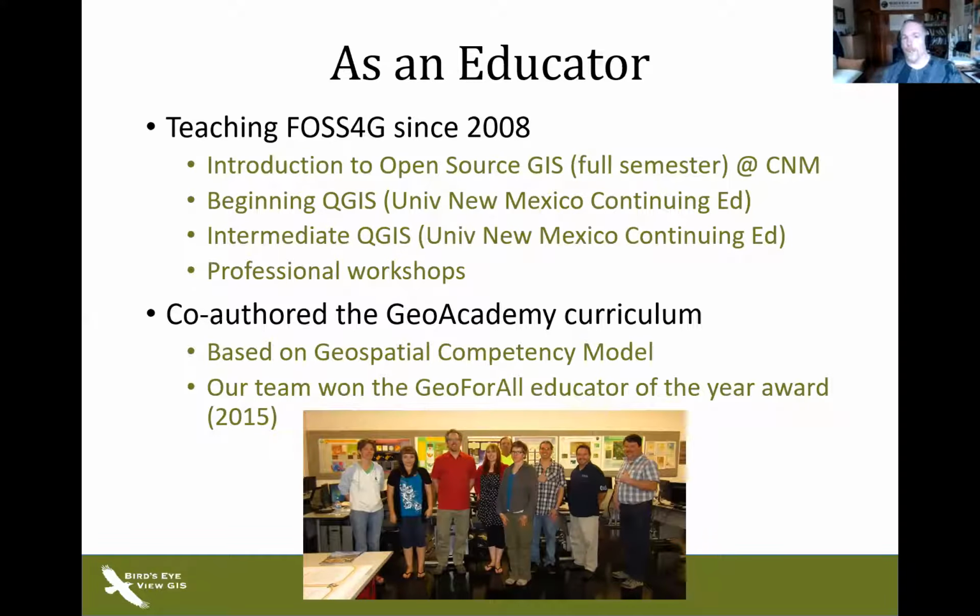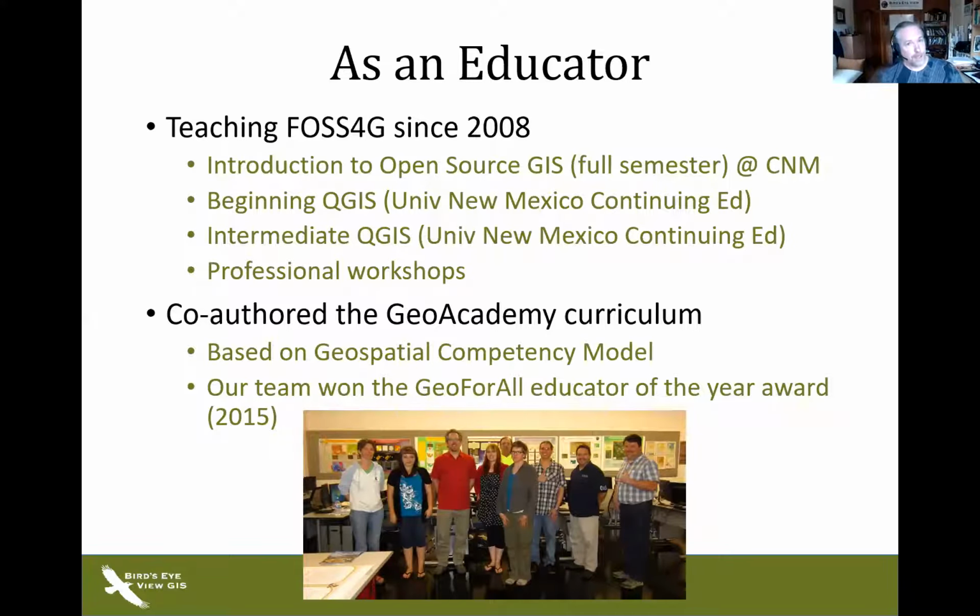If there was an openly licensed FOSS4G curriculum that educators could adapt to their own programs, then hopefully people would start using open source in the classroom more, because we recognize how much work it is to develop curriculum, and a lot of educators just don't have the time to do that.